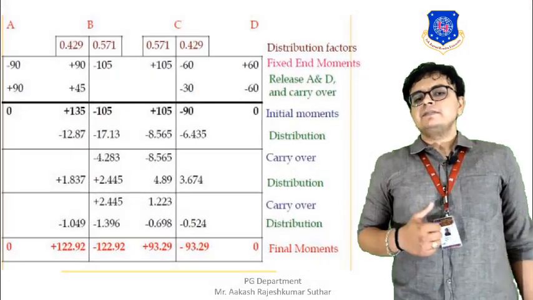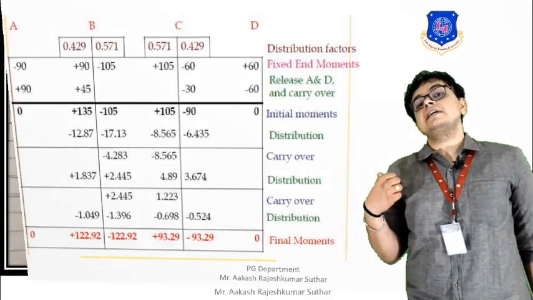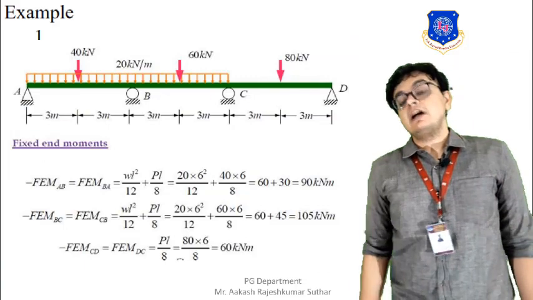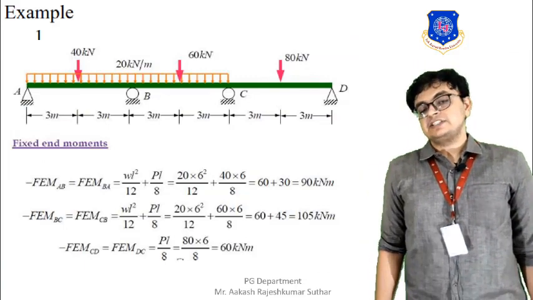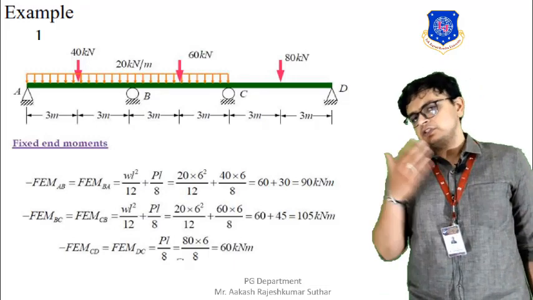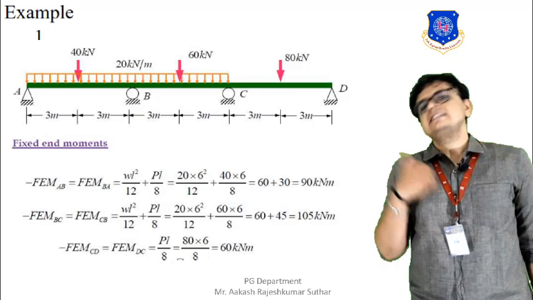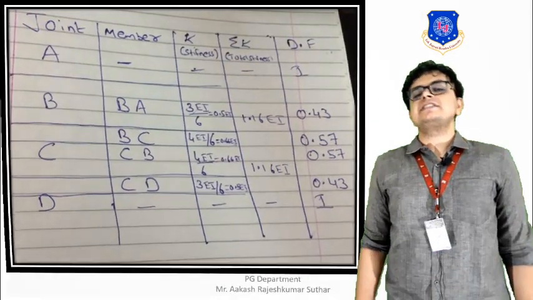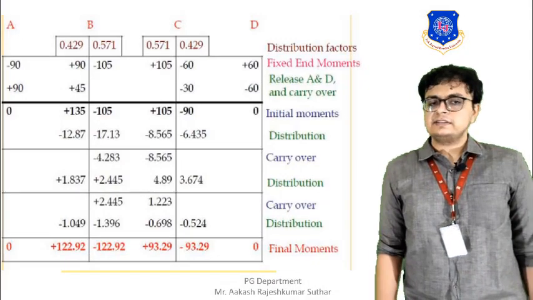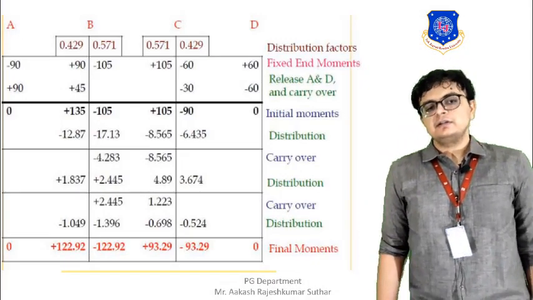After that, we will write the fixed end moments that we discussed in step number 1. In step 1, we found the fixed end moments for AB, BA, BC, CB, CD, and DC, and we will write them in this moment distribution table. So for member AB, we have minus 90 kilonewton meter.